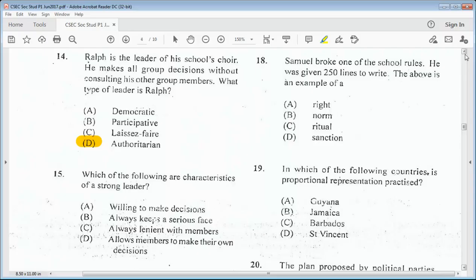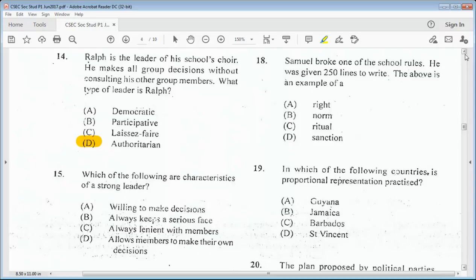We know a strong leader, A, willing to make decisions? Absolutely, yes. Let's look at our other options to make sure that this is the correct answer. Always keep a serious face. That's not a characteristic of a strong leader. C, always lenient with members.